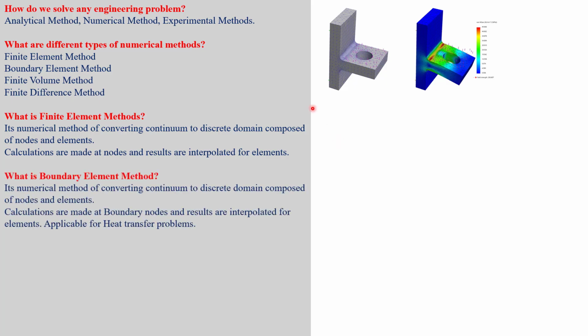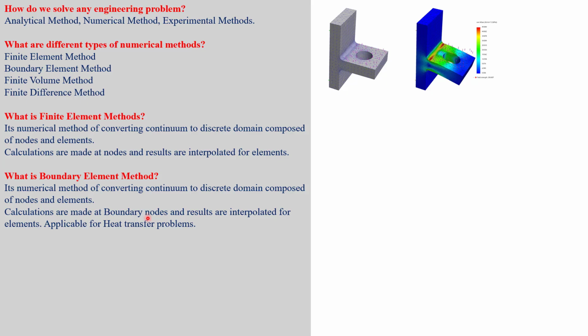Well, now we have the boundary element method. What exactly it does is try to convert the numerical methods into a discrete domain composed of nodes and elements. Calculations are done on the boundary nodes, and the results are interpolated for the elements. So it is for the boundary nodes, not all the nodes.